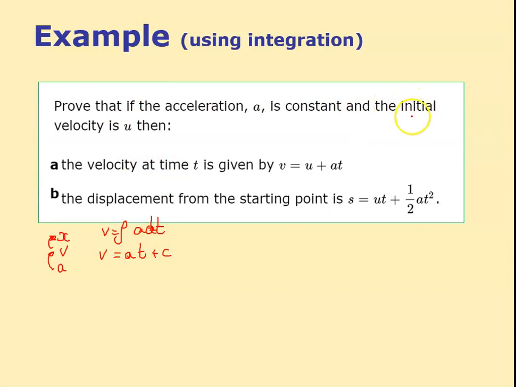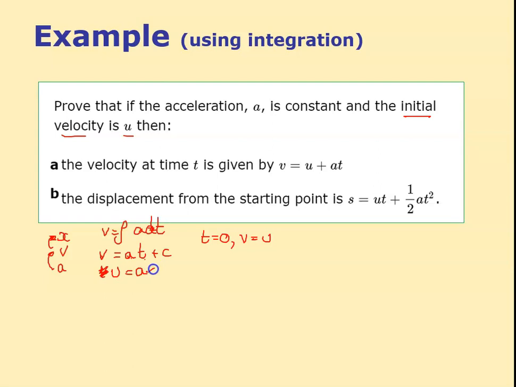And it does tell me the initial velocity is u. Well, that means that initially t equals 0, the velocity v is u. So I can chuck this in. I can say v, which is u. Sorry, I made a mistake, silly thing. v is u equals a times t. Well, t is 0.